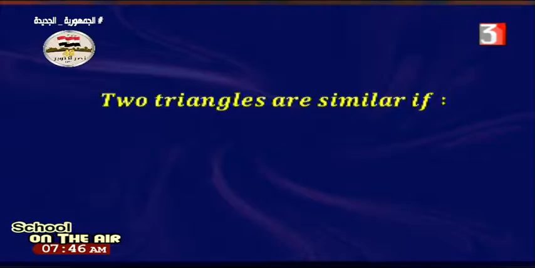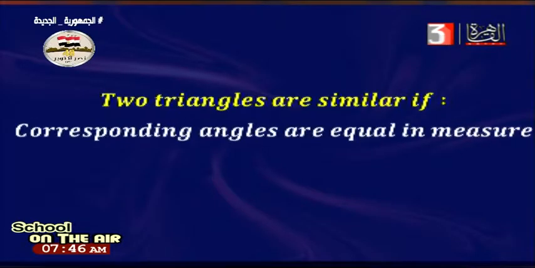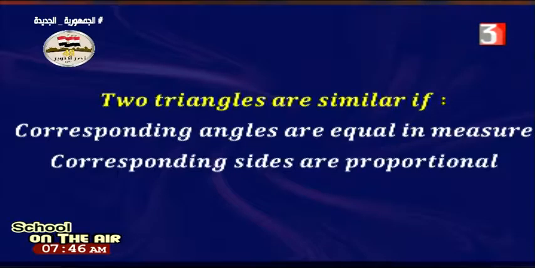If one of the following two cases is satisfied: if corresponding angles are equal in measure or corresponding sides are proportional. Take care. If one of them is satisfied, the other is too, and the two triangles will be similar.